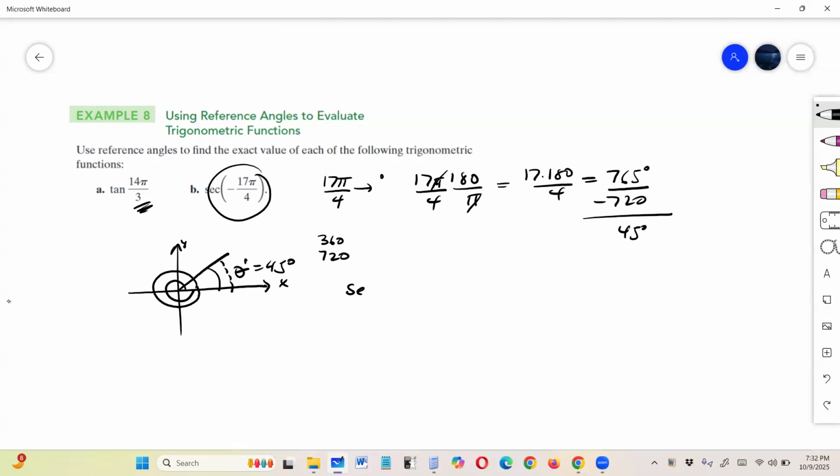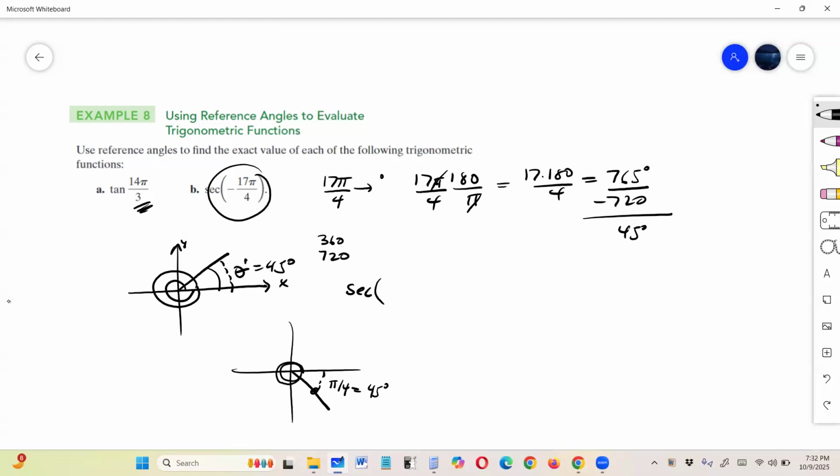So secant of, but it's negative, right? So I'm going the other way. So be very careful. I'm going this way: first revolution, second revolution, and here is my pi over 4, I'm sorry, 45 degrees, which is pi over 4.